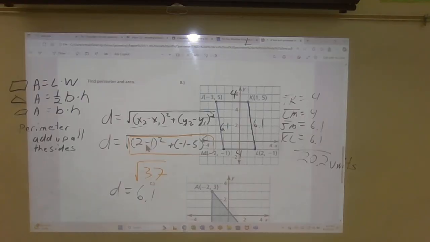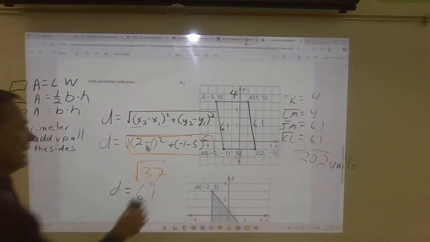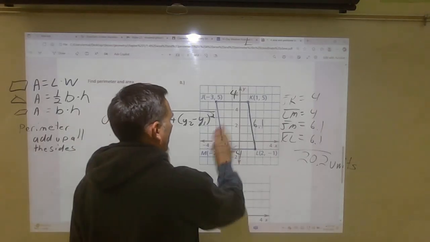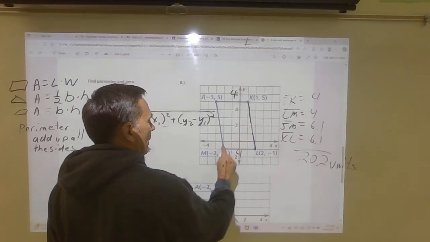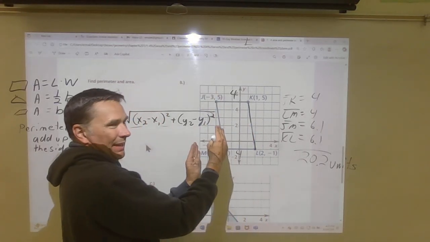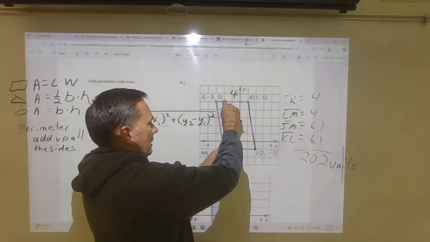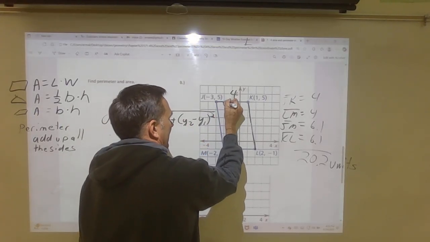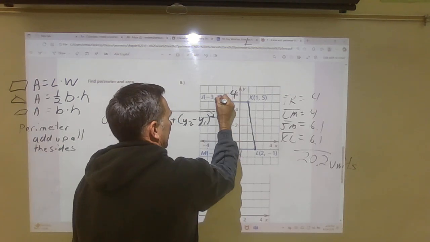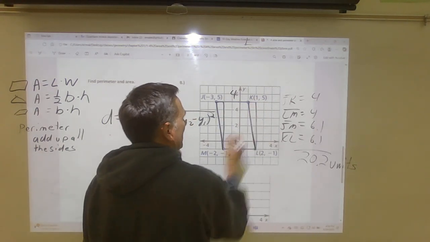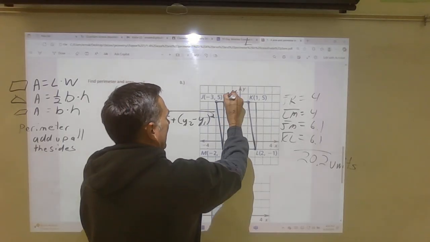Now, in order to find the area of a parallelogram, it is also base times height. If you notice, with the parallelogram, it's 4 units that way, 4 units that way, but it's slanted. If we were to cut out that triangle, I can put it right here on this side, and it becomes a perfect square now.